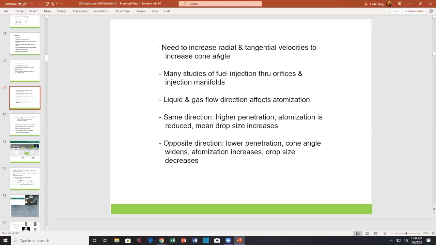You also need to increase the radial velocity if you wish. See, there's axial, radial, and tangential velocities. You want to increase the cone angle, you want to increase the spin. Basically, many studies of fuel injection, gas liquid direction affects atomization. Are they going in the same direction, or are they going in the opposite directions?